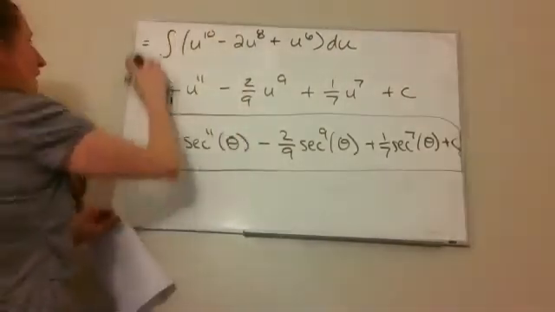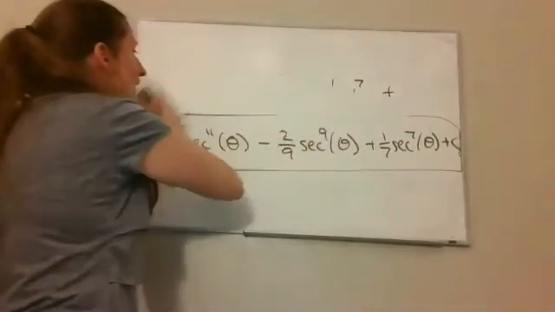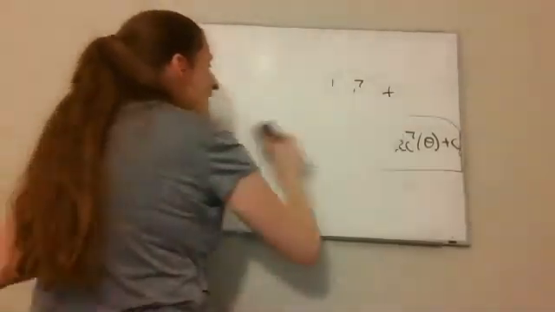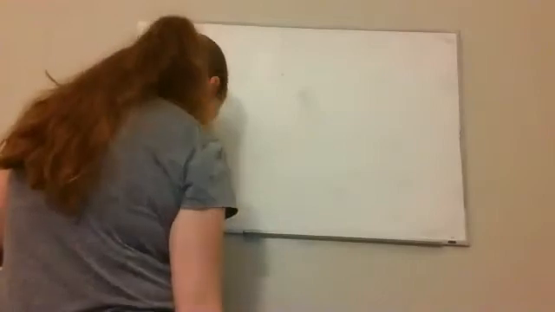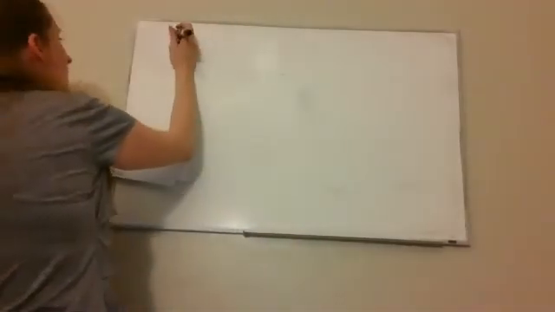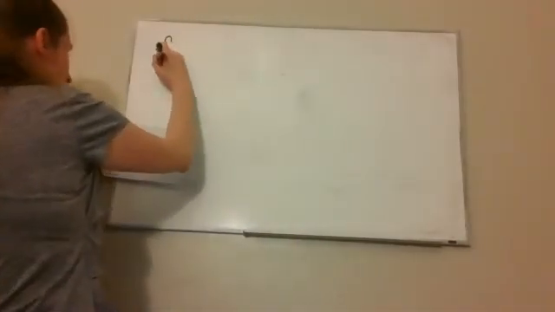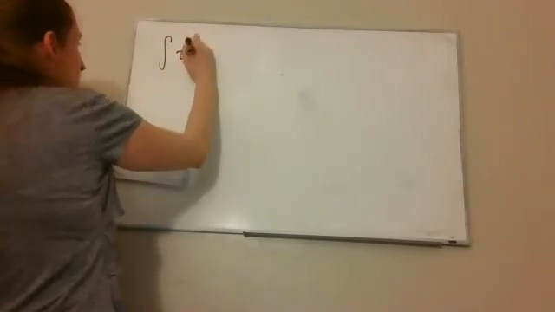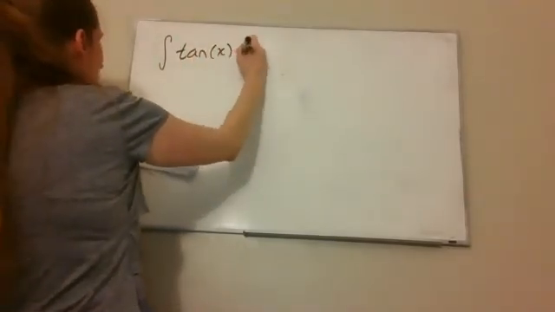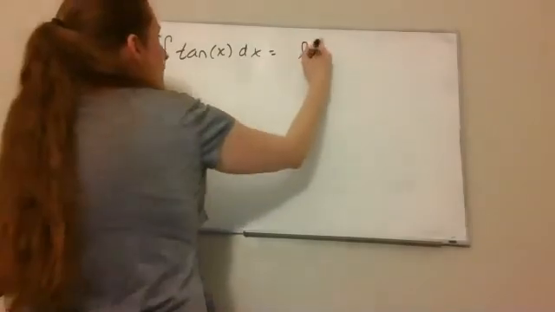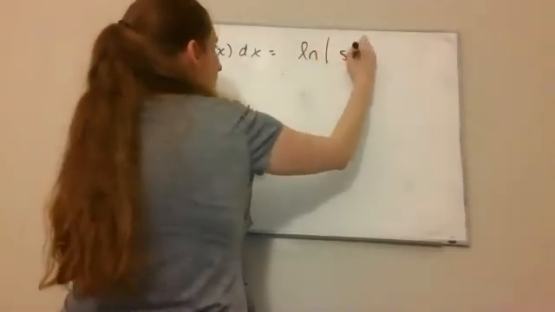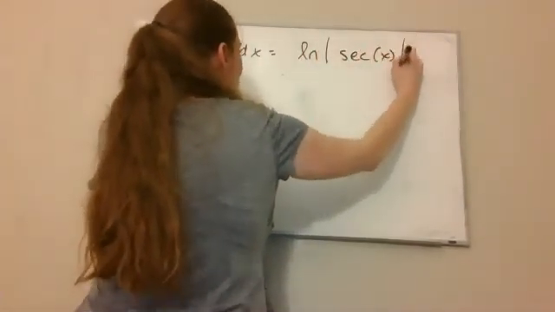Now, sometimes when we're doing all of these trig integrals, we're actually going to need 2 other formulas. One of them you should have learned already in Calc 1. The integral of tangent is equal to the natural log of the absolute value of secant.